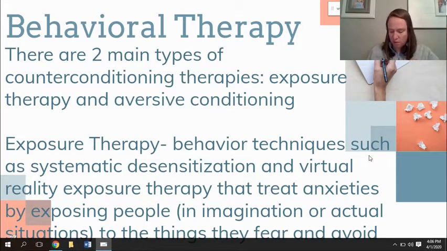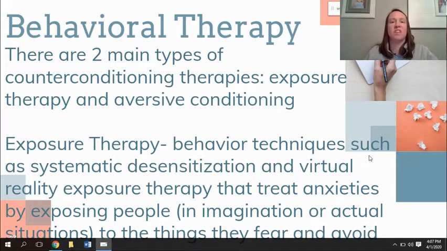All right, so exposure therapy, let's write that down. So this is a behavior technique such as systematic desensitization. We're going to take notes on that in a minute. Systematic desensitization. I always have a hard time saying that word. And virtual reality exposure therapy.